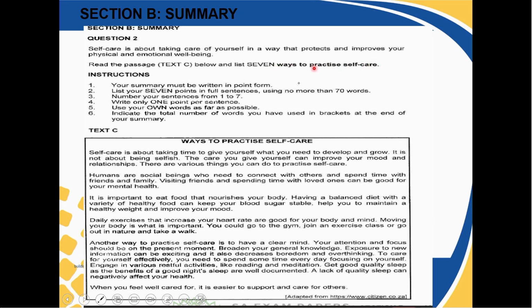So you underline this because this is going to be your point of reference. Whenever you are looking for a point, you must make sure that the point talks to the topic or to the question that you are asked to answer.